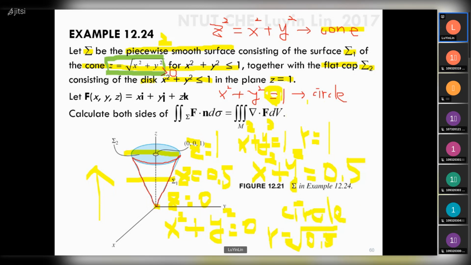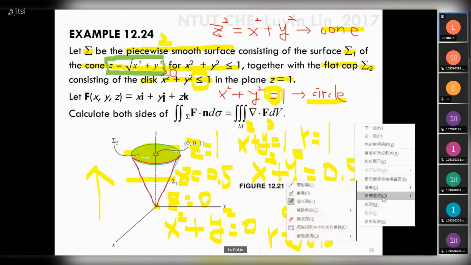Equal to 1 means it is a circle. But this is smaller than or equal to 1. So that means inside the circle and on the circle. Okay? Equal sign means on the circle. Smaller than 1 means inside. Okay, I think you can understand this figure.